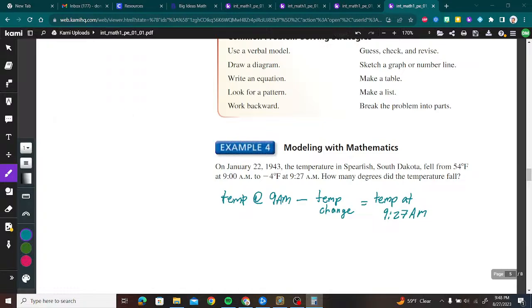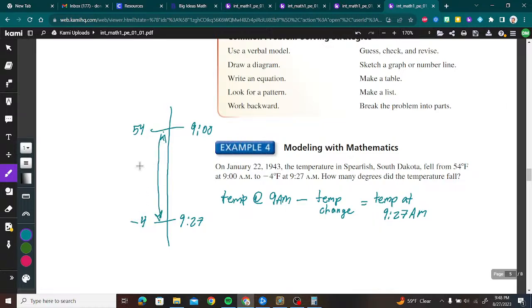I could draw a number line. I could have sat here and gone 9 a.m., temperature here, 9:27, temperature here, and then get a number line where I can see that I want to find the distance.